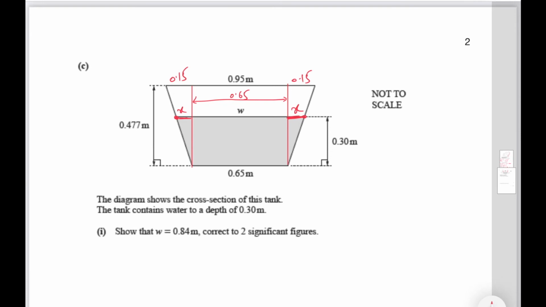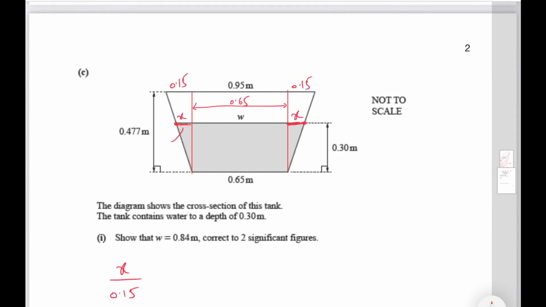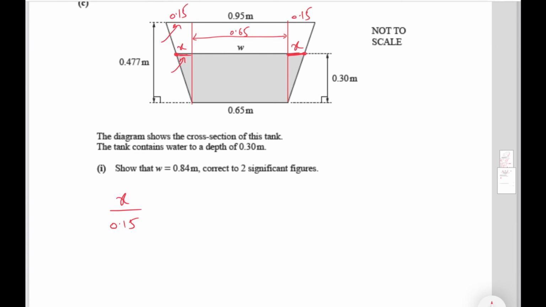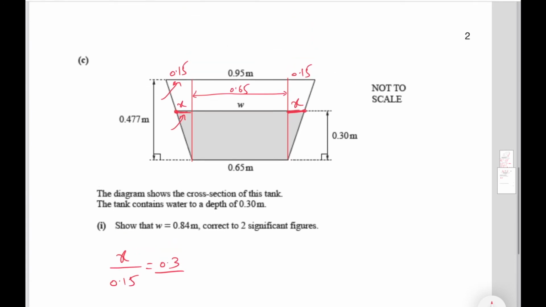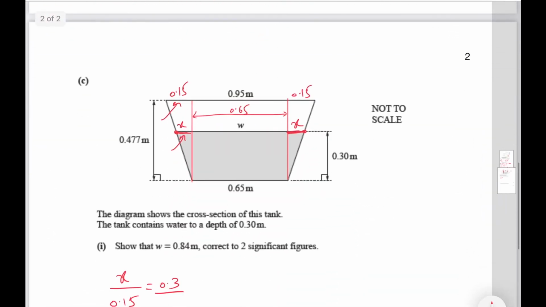So how do we do that? We say that X is over 0.15 because we are comparing two lengths that are going the same direction, this one, and we compare this to what? 0.3, that is the length of this side, and we compare this to what?